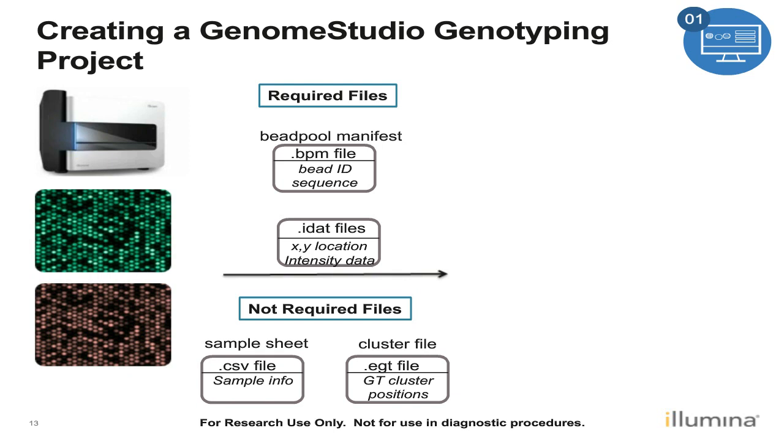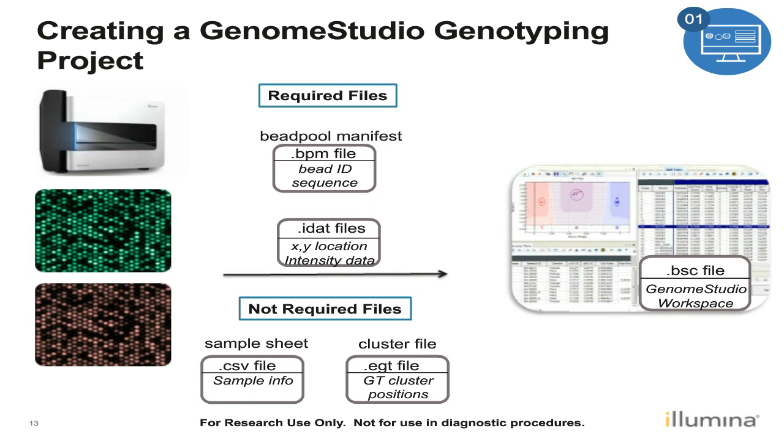Another optional file that is very helpful is the cluster file, or the .egt file, which contains the genotyping cluster positions. Loading this file will help speed up the project creation process because the software will already have the cluster positions in the EGT file rather than having to calculate them. Once you have these files ready and they're imported, GenomeStudio creates a workspace, and this is a BSC file.